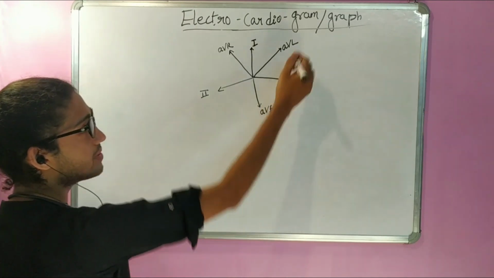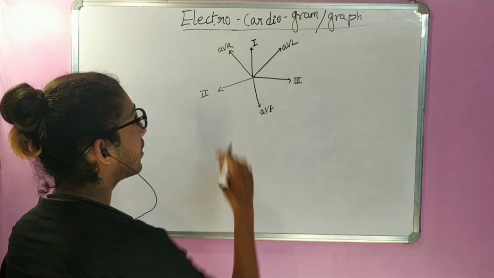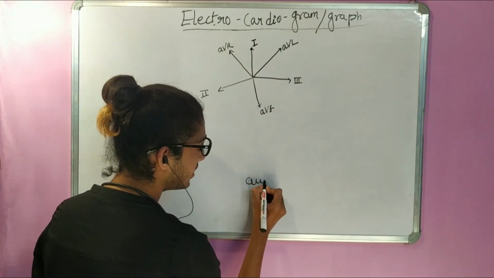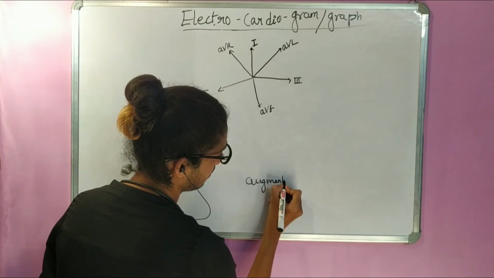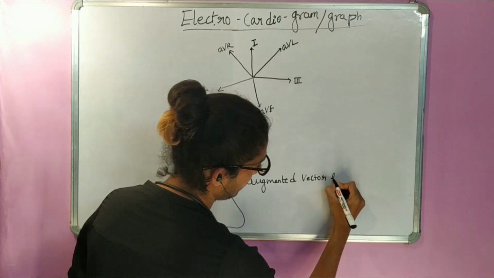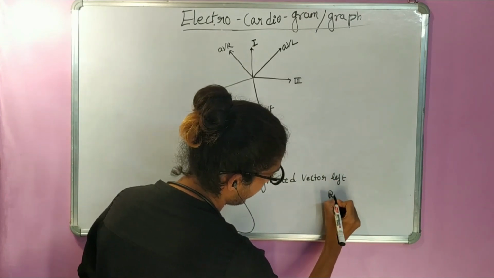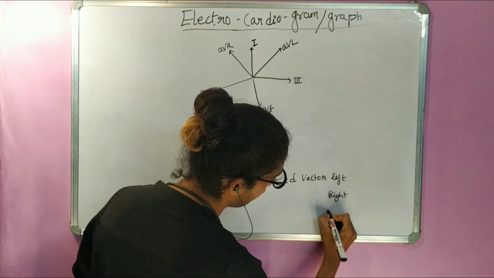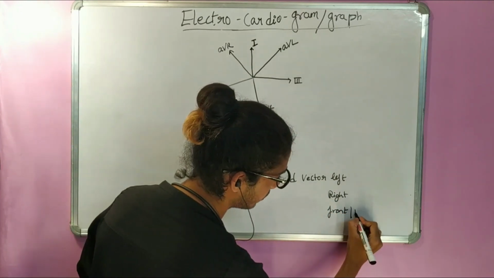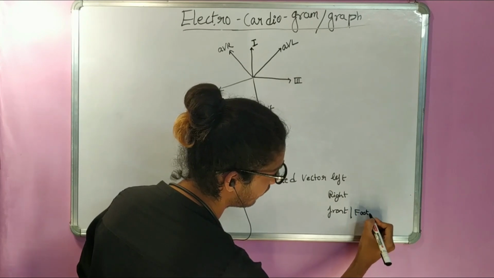So these are the names given to the unipolar leads. Okay, how do we name them? Augmented vector left, right and front, or foot, because it is present in your foot.